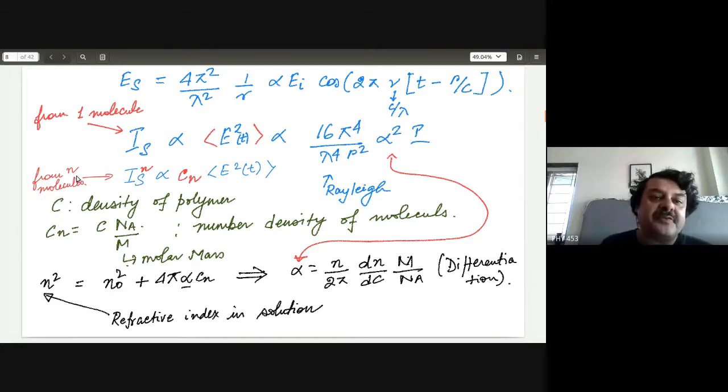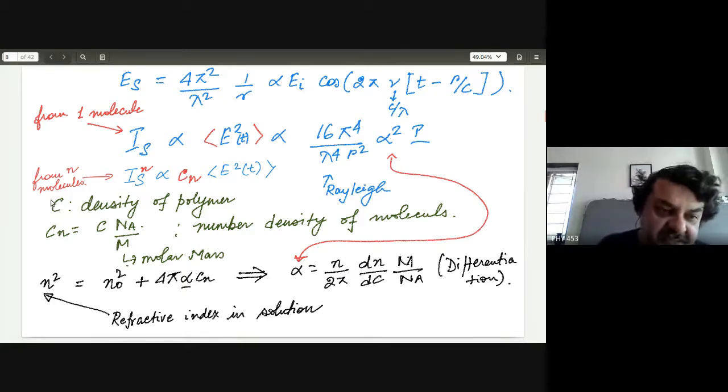Now, if it happened from n molecules, then this intensity will be proportional to the number density of these molecules, same as this. So what is Cn? The number density. Number density is not a quantity you directly measure.